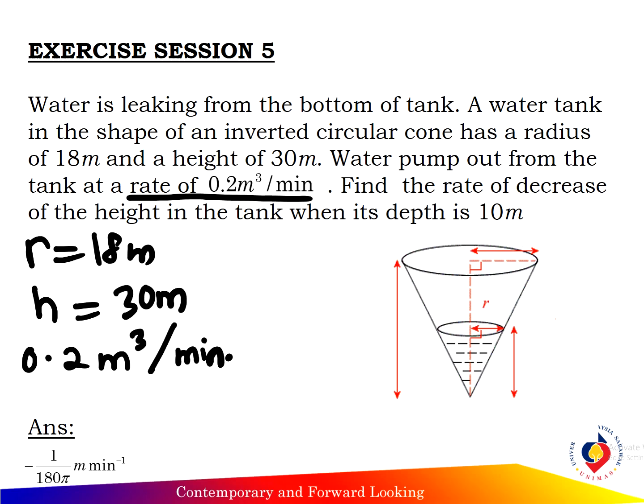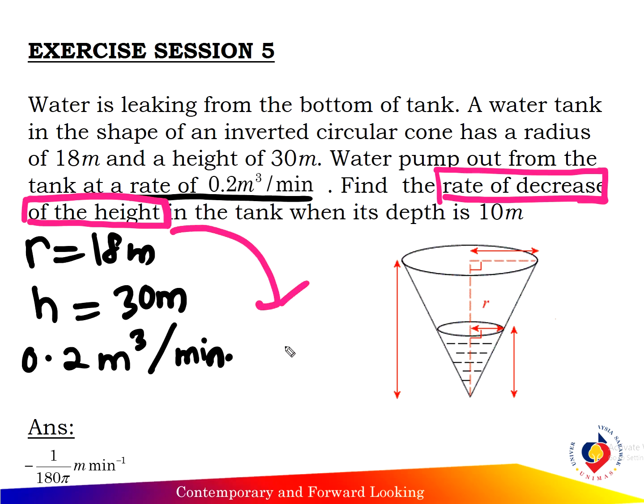And the question, you check the question. So the question here: rate of decrease of the height. Okay, rate of decrease of the height. So this one, method.